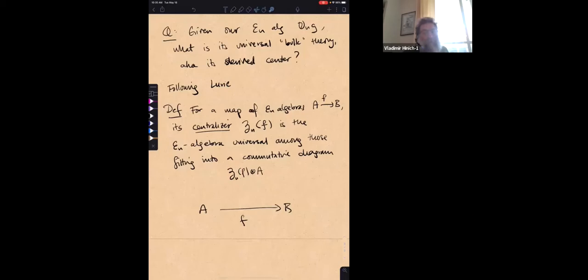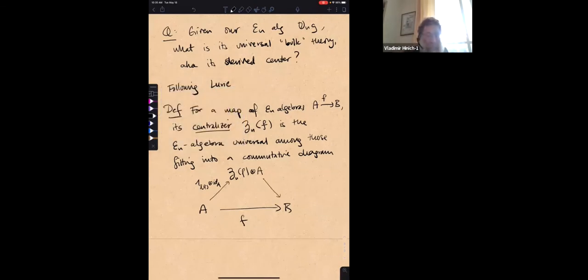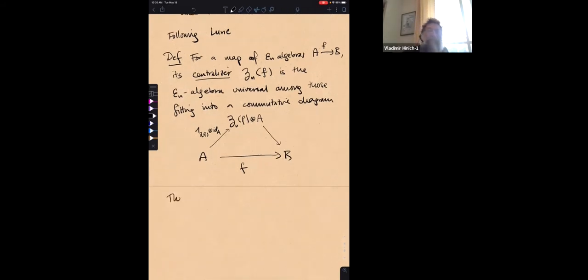These are unital, so you can take the unit in Zn of F, tensor the identity on A. So there's a map of EN algebras that goes from A up into here just by putting one here and copying. And so you need to find a map that commutes. Okay. So I'll unpack that in just a second. The center of A, which I'll write like this, Zn of A, is the centralizer of the identity map.